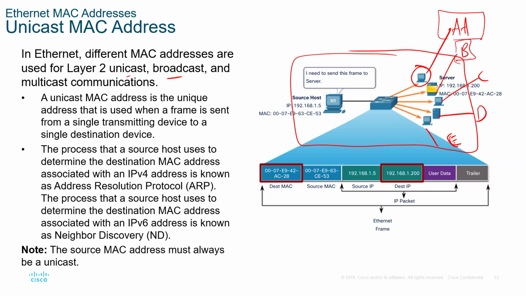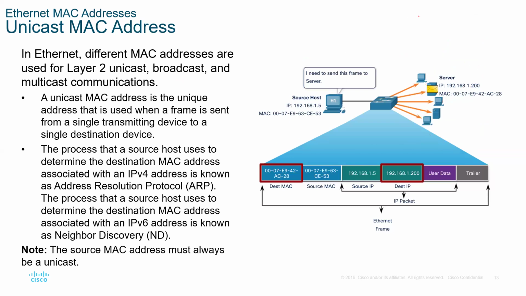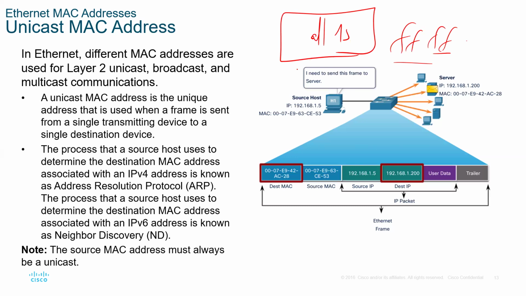And the broadcast address is FF:FF:FF:FF:FF:FF, up until we get to 48 bits. That's a broadcast address. With IPv4 addressing, all ones, we'll learn about a broadcast being all ones in the network.